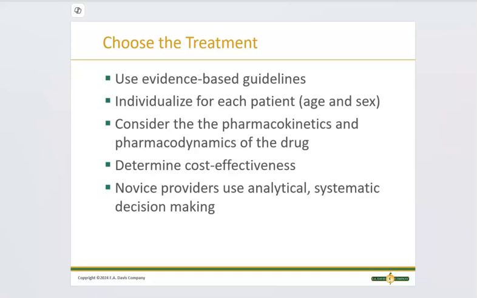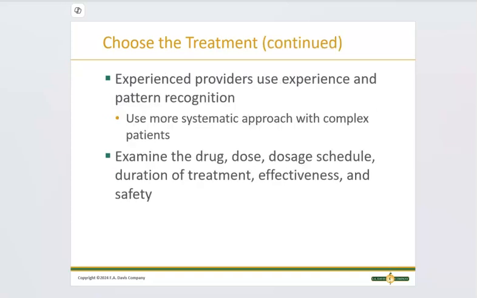It says in here that novice providers use analytical, systematic decision making. I don't really think that's a novice thing necessarily, because we all still do that. But nonetheless, that's what they're talking about here. Experienced providers use experience and pattern recognition, but we still have a process that we use.